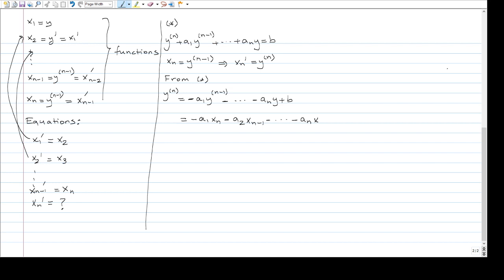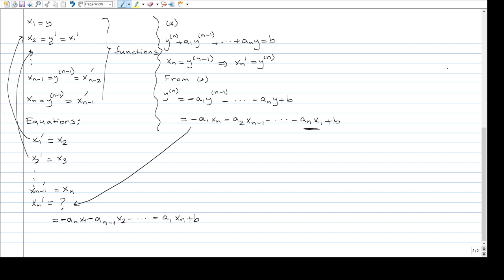And the function y is the function x1. So our last equation, the derivative xn prime, which is the nth derivative of y, is, let me start writing from the term x1, minus an times x1, minus an minus 1 times x2, minus up to minus a1 times xn, plus b.